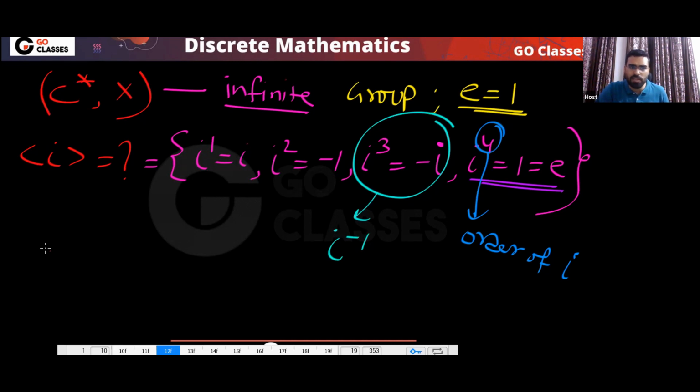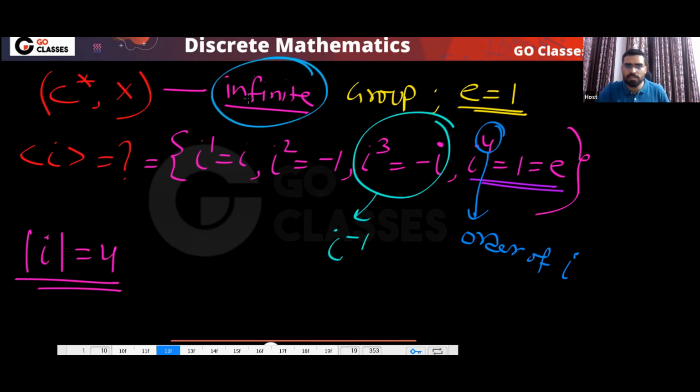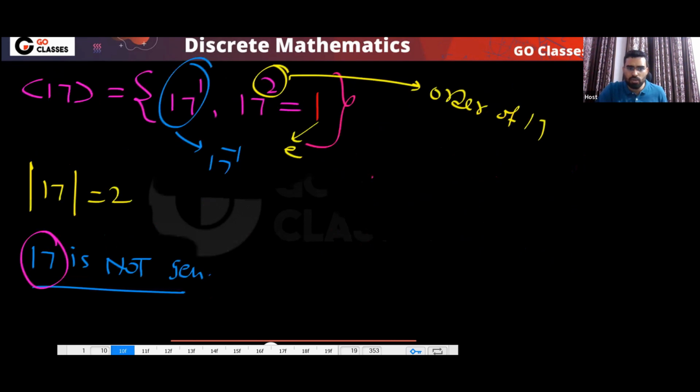How many elements has iota generated? What is the order of iota? Iota has generated a total of 4 elements. So the order of iota is 4. This is another example that this is an infinite group, but the order of iota is 4. Like this you can do.